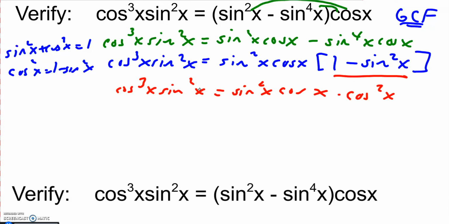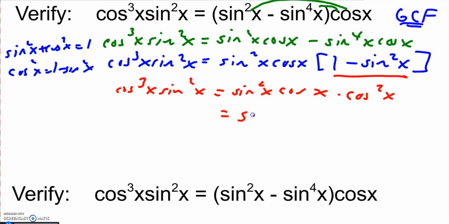Here's some good news. One reason I thought about GCFs is a lot of the time when I use the greatest common factor, a good amount of time we end up getting a Pythagorean identity, which ends up helping me get rid of the subtraction sign, which you notice is not on this side at all. So let's take a look and finish this up.